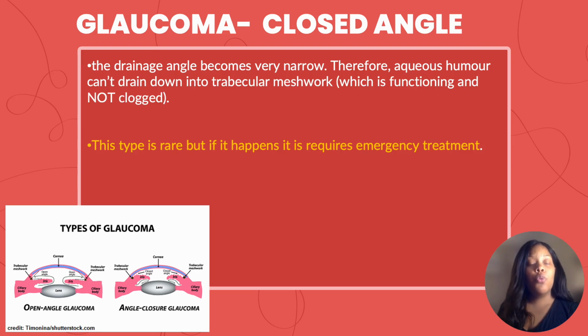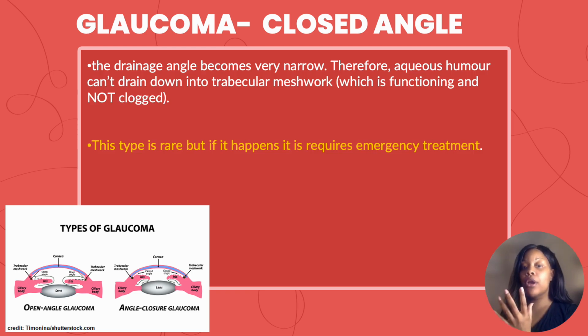All right, so with closed angle glaucoma, the drainage angle becomes narrow. Before, the drainage angle was open like it should be, right? Therefore, in closed angle glaucoma, the aqueous humor cannot drain into the trabecular meshwork, which is functioning and not clogged. So now the roles have reversed. Now with closed angle, the fluid is saying, I can't even get there because it's so narrow.